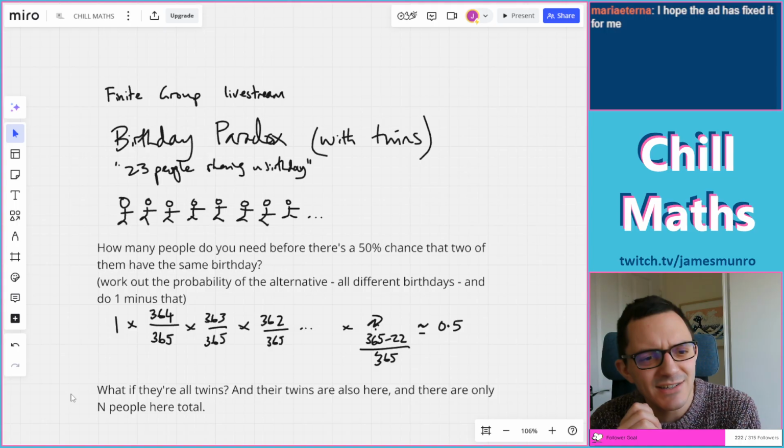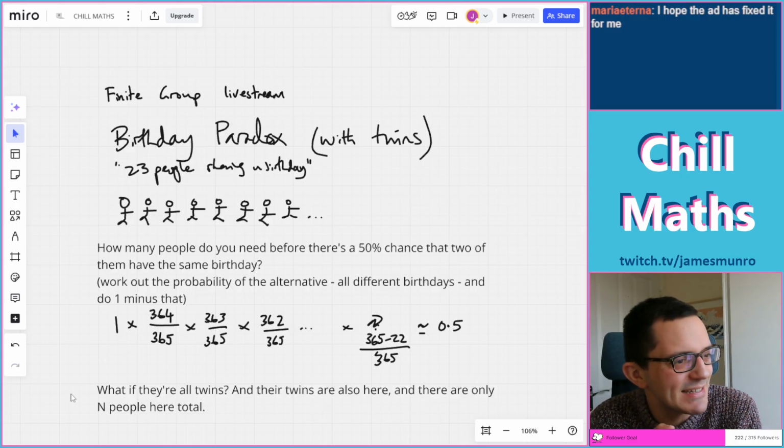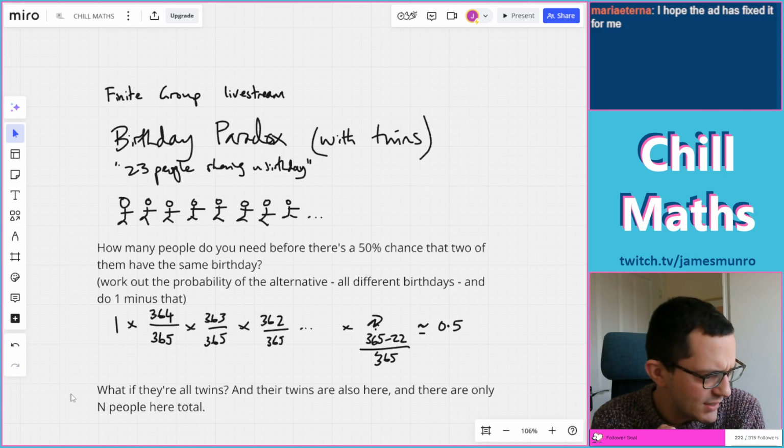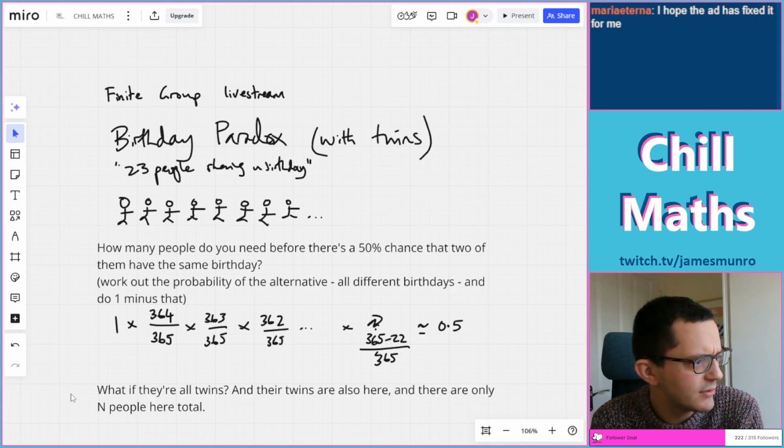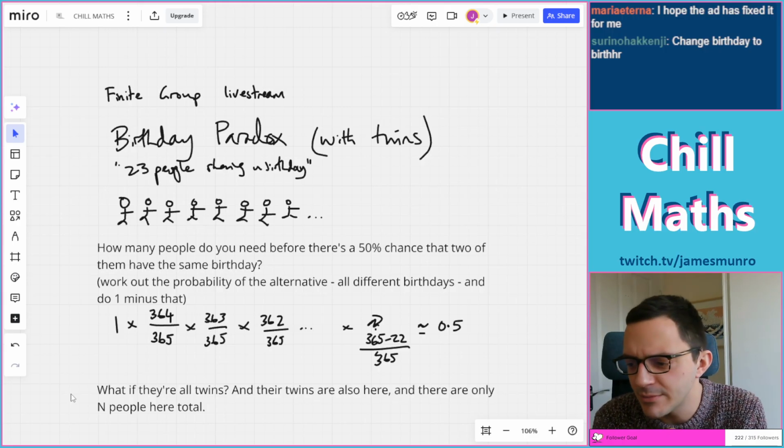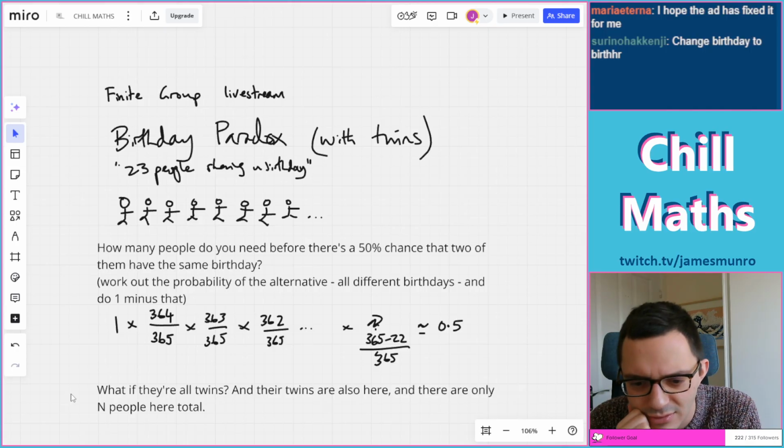Right, Mary's had an ad and it's now maybe back up to reality. We'll find out. You can see your own chat messages on the screen if you want to sync up with reality. I think we're pretty low latency. I don't know. I just looked at myself on screen and I'm still pointing at Mary's chat message, so swings and roundabouts. Hello, Syria Hackney. Welcome to chat. First time chat. Change birthday to birthday.